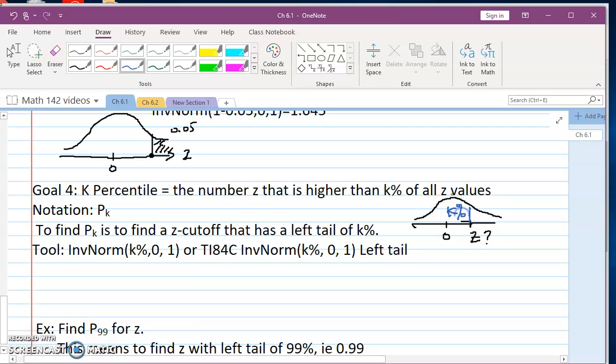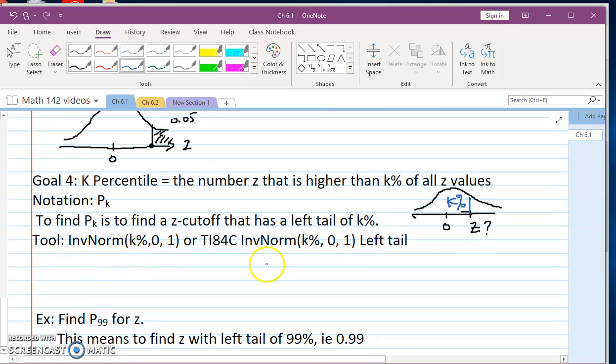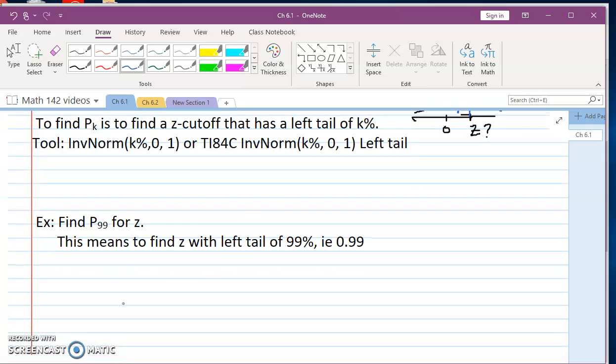That means I have a left tail of K%. So to find this particular cutoff, I'll do inverse normal because I know the left area. You just put K% in decimal and run inverse norm, and then you're done. And for the TI-84 color, you do left tail, because percentile means you have a left percent of K%.